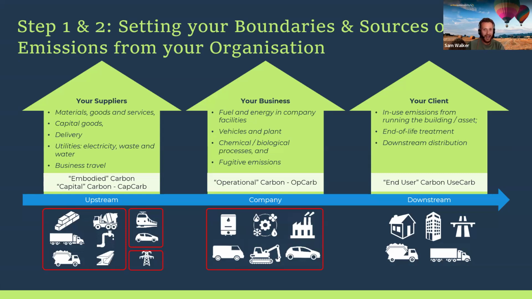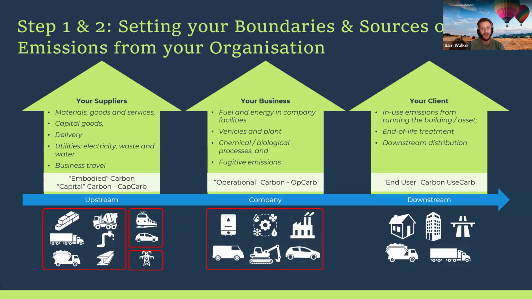And there are some examples of the scope three carbon emissions that might be included. So you've got the downstream, which is referring to your clients, and then your suppliers are the upstream. So how are they working with carbon emissions and working with materials, and what impact is that having on carbon emissions? So this whole step in the process, right at the beginning, is to sit down and really consider what is going to be relevant to you.